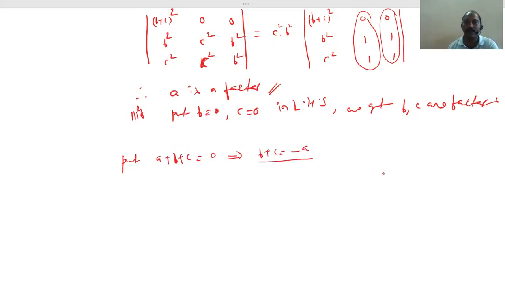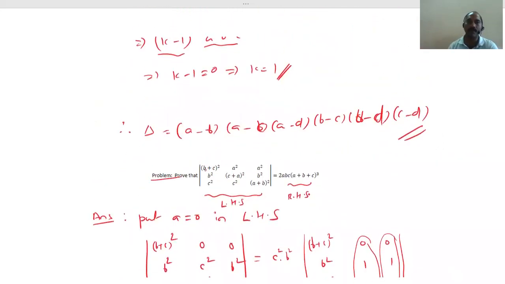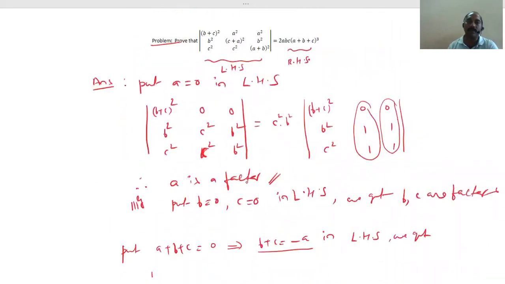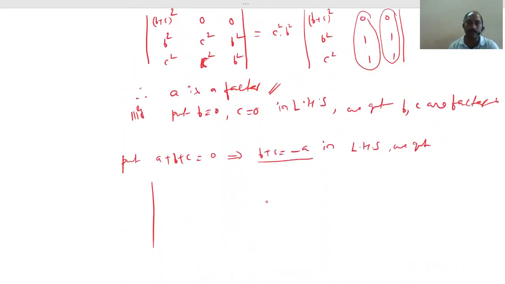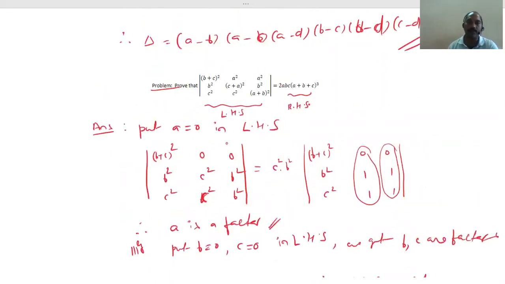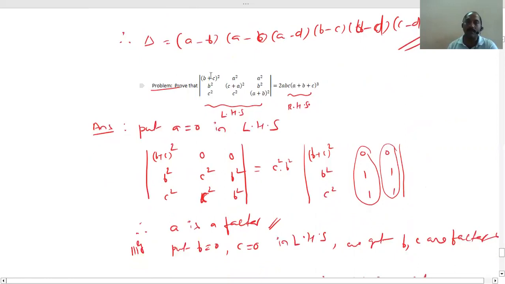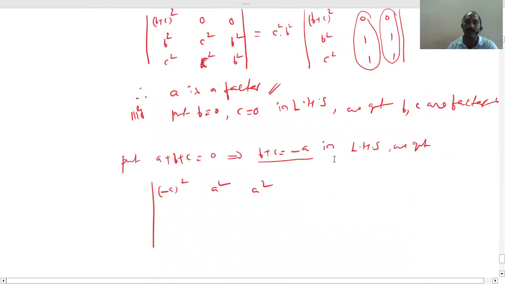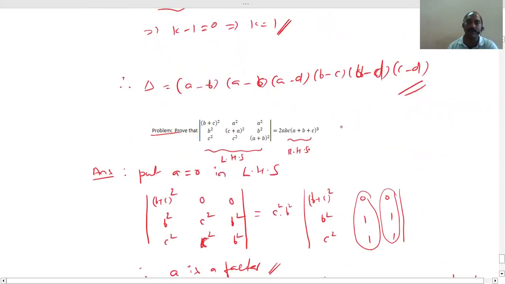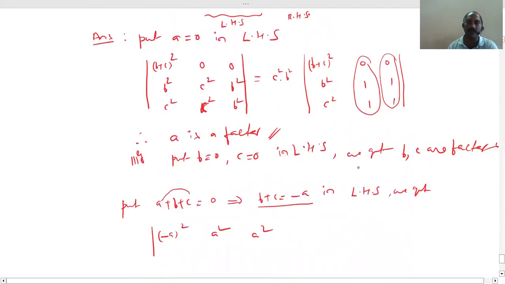Substituting b plus c equal to minus a in LHS, you observe that in the first row, b plus c value becomes minus a whole square. Next element in the first row is a square, next element a square, as you see in the given hypothesis. The second row, b square, c plus a becomes minus b square, c plus a. Keep c plus a one side and b another side.